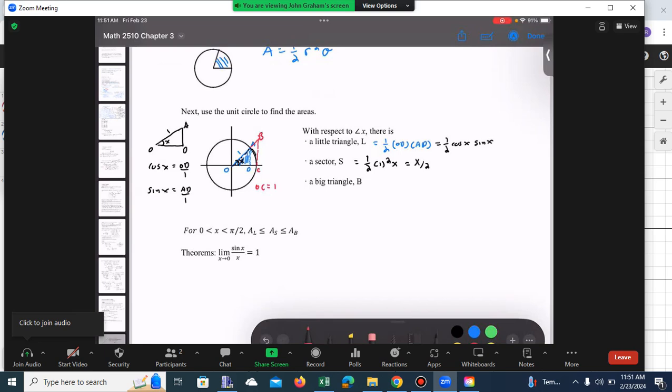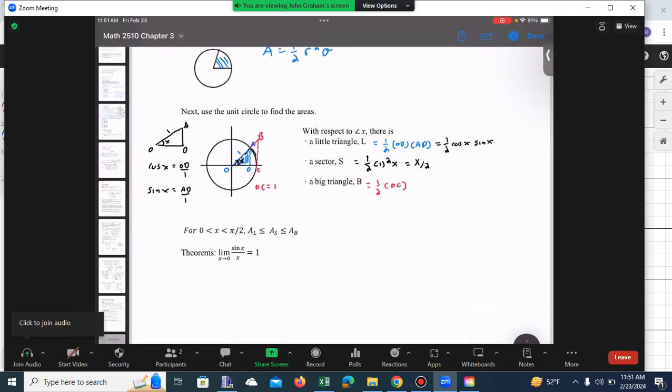Okay, so that triangle is going to have 1/2 OC times BC. Now OC we already know equals 1. We want to look at tangent. Tangent x, which is opposite BC over adjacent OC.